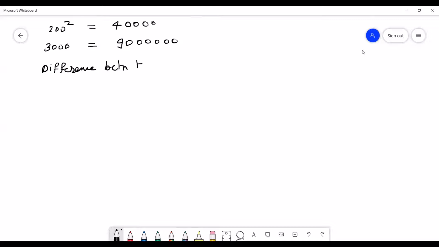Difference between the squares of two numbers.